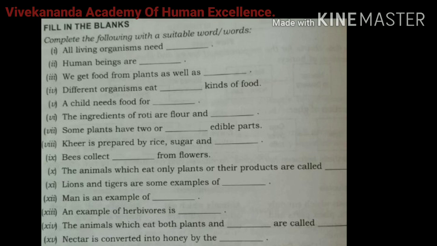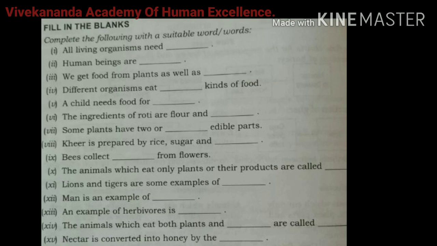So a child needs food for growth. Next, the ingredients of roti are flour and water. Next, some plants have two or more edible parts, as we have seen in mustard. In mustard plants, we use mustard leaves as well as its seeds. Next, kheer is prepared by rice, sugar and milk.